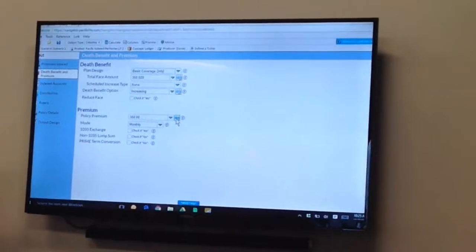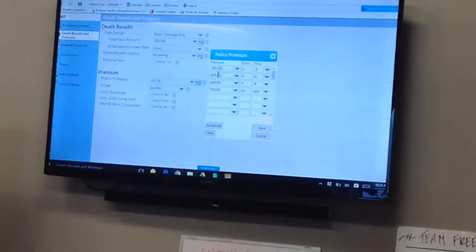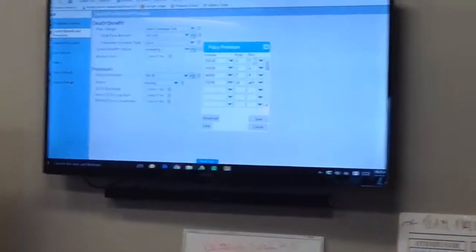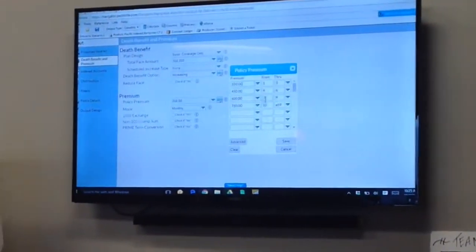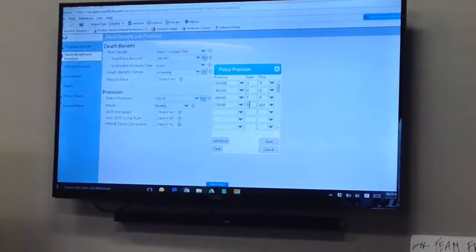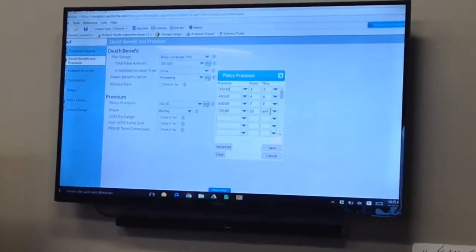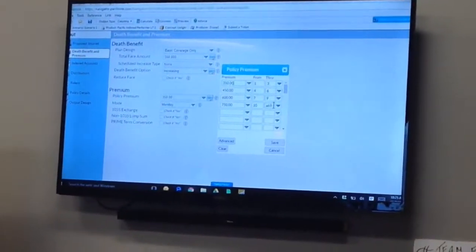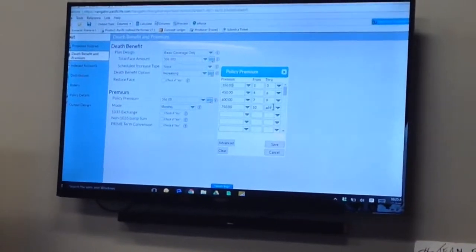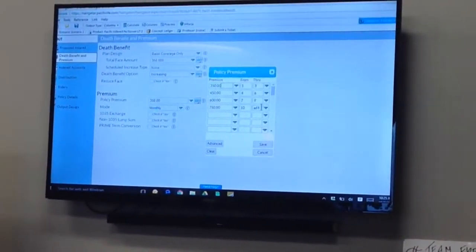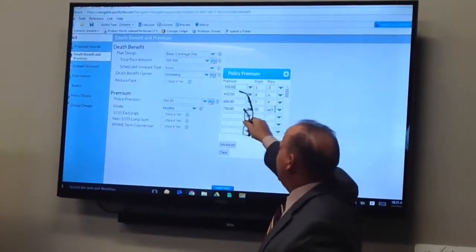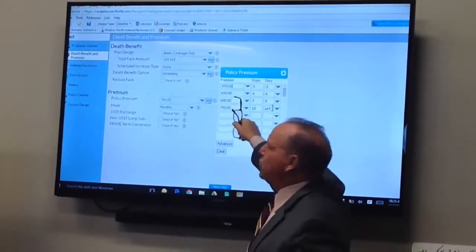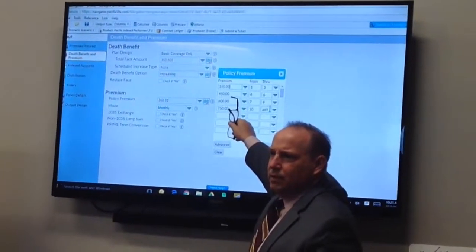Watch. I've got it set up for this chart of contributions: 350 for years 1 through 3, 450 for years 4 through 6, 600 for 7 through 9, 750 year 10 through age 69, because at 70 we're going to start distributing. By the way, the most common default mode for me is to go in 3-year increments like this, and I usually tend to go up like $150 a pop.